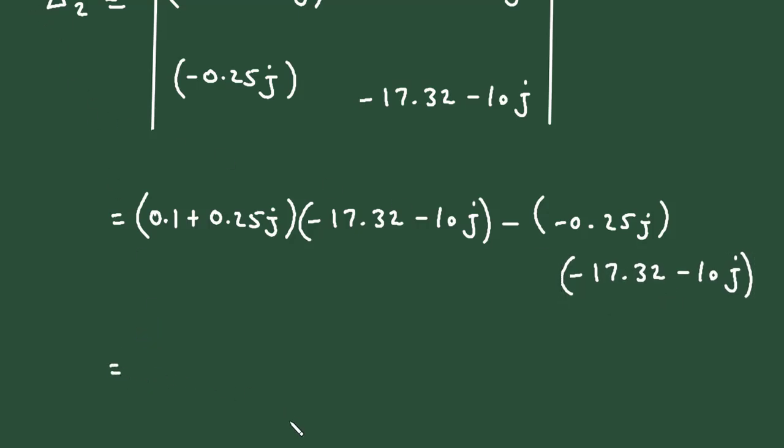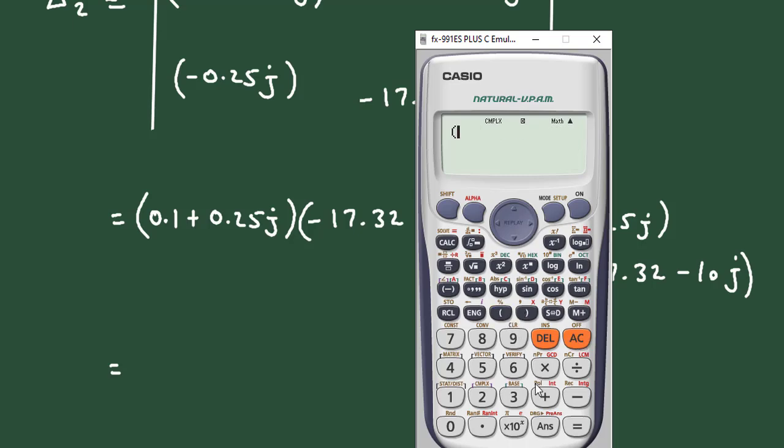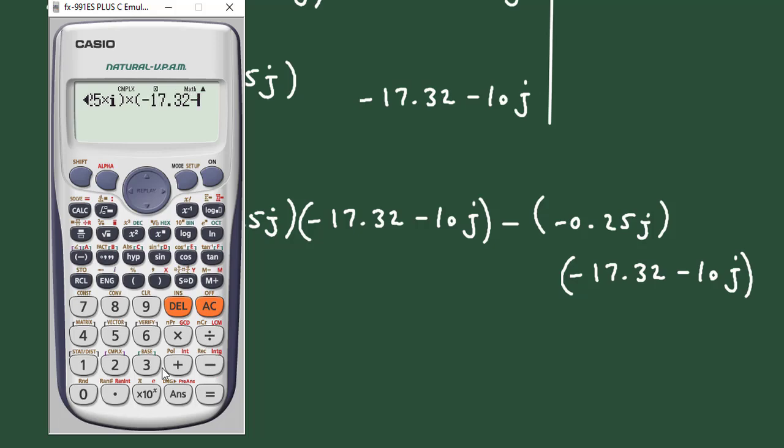So it is equal to, let's solve this in calculator, 0.1 plus 0.25 into j multiplied with minus 17.32 minus 10 into j, then minus 0.25 into j multiplied with minus 17.32 minus 10 into j.